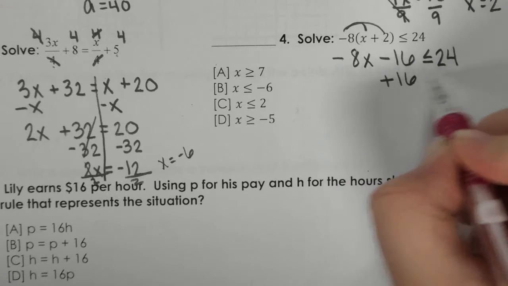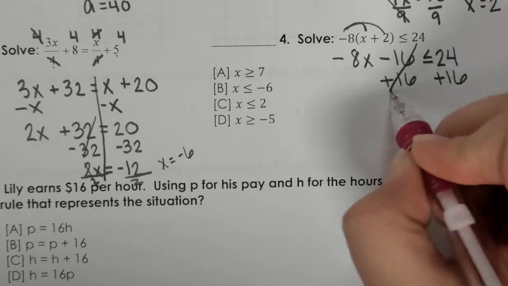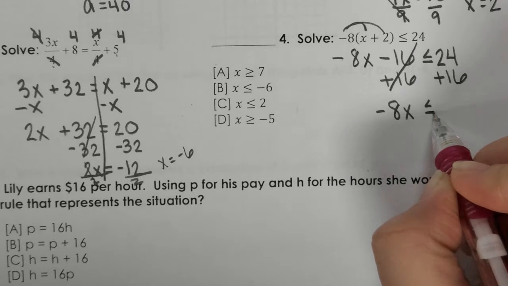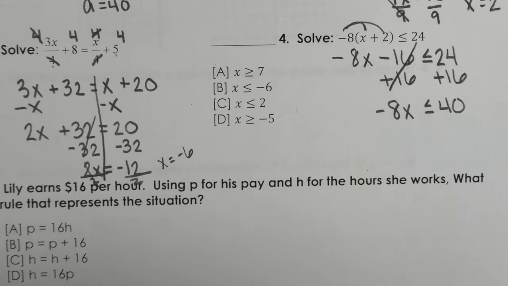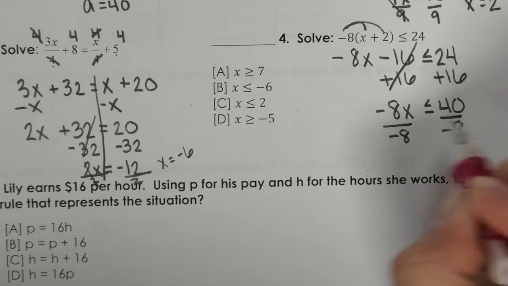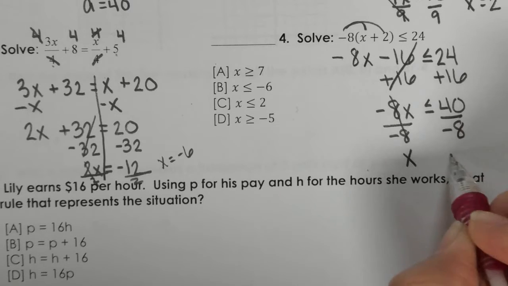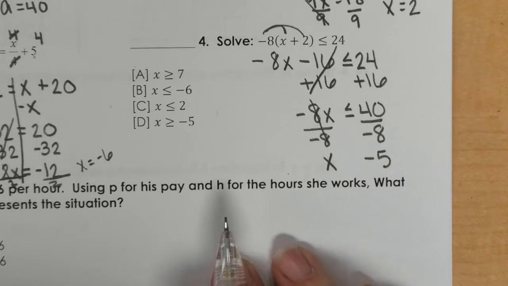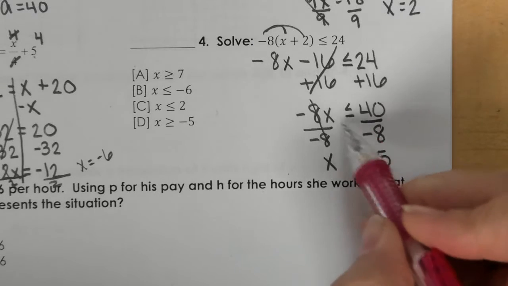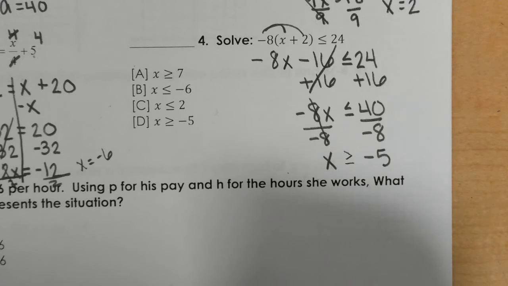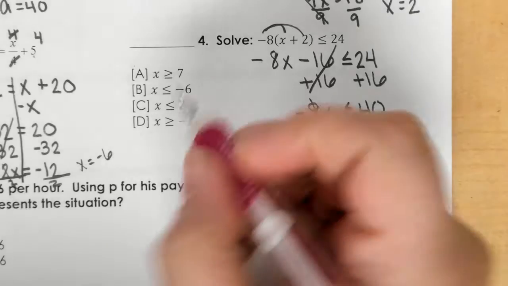So we're going to add 16, and we get negative 8x is less than or equal to 40. Our last step is to divide by the negative 8, and that gives us negative 5, but because we divided by a negative, we also need to flip the inequality. So that would be greater than or equal to, and that would match up to letter D.